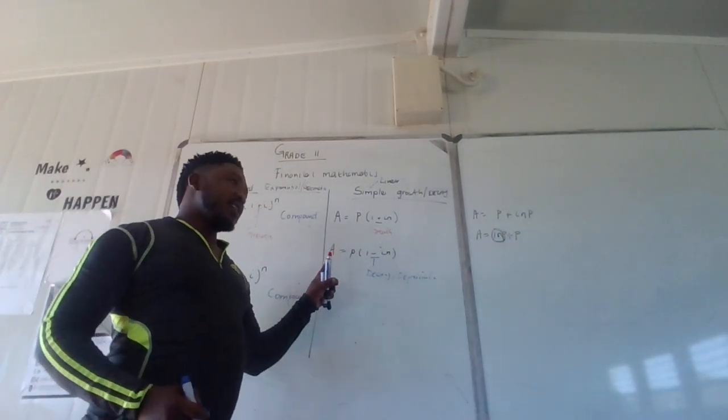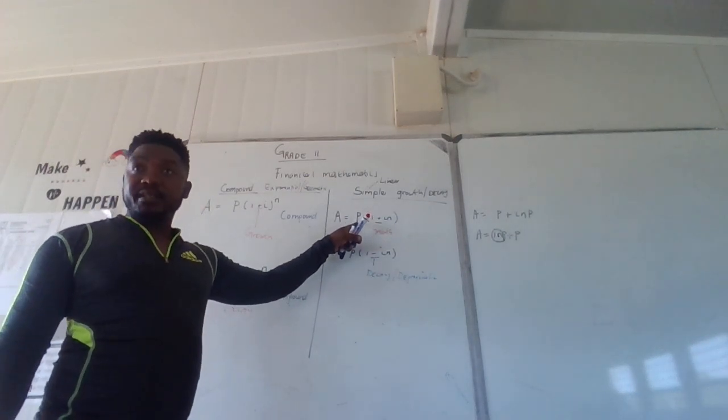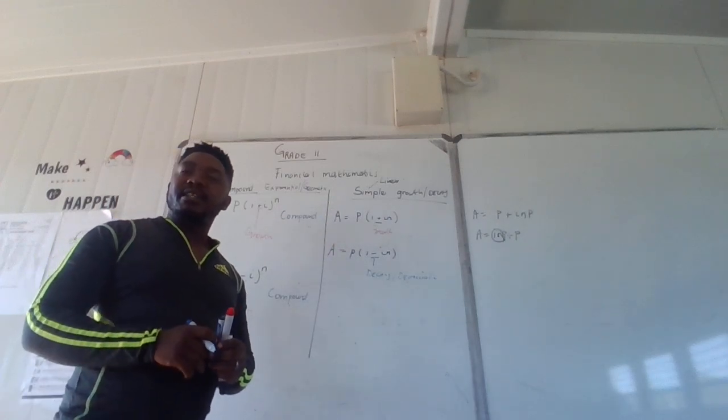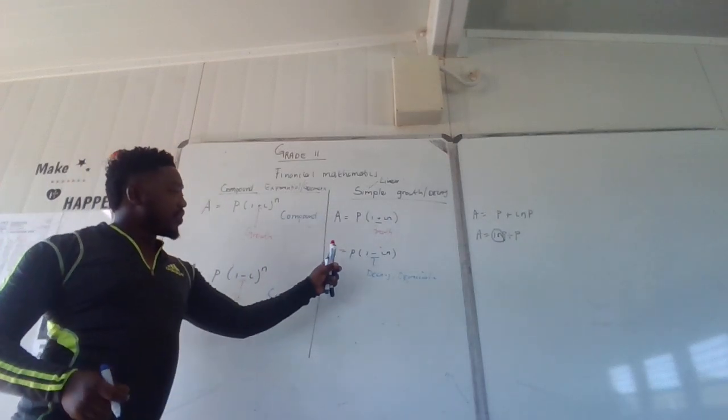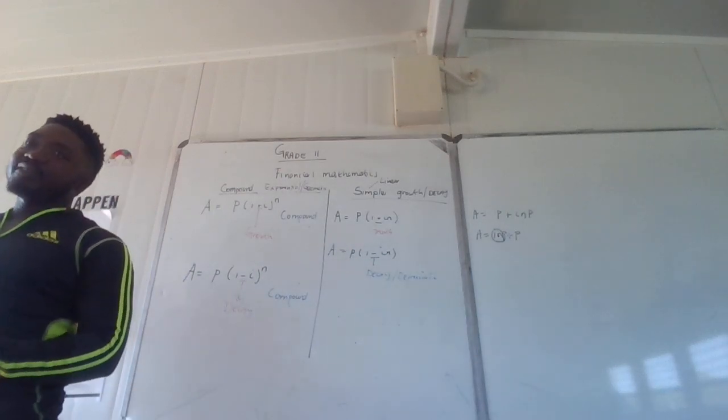So you're expecting that if you have a principal amount of 10 rand this side, you'll get something more than 10 rand at the end. But with this one, if you had 10 rand, you're expecting to get something less than 10 rand.